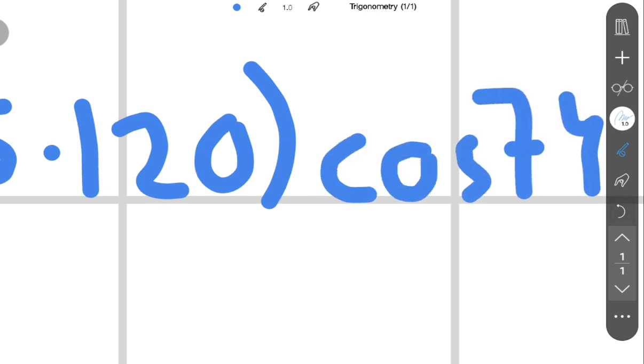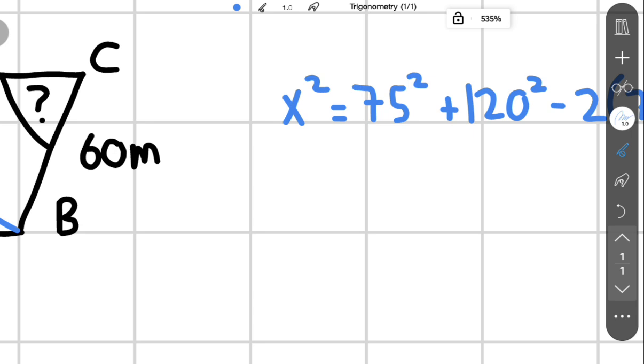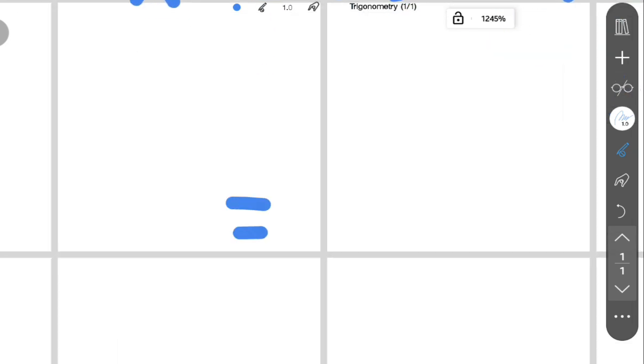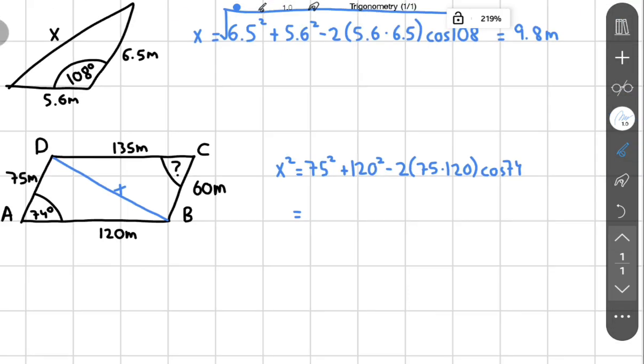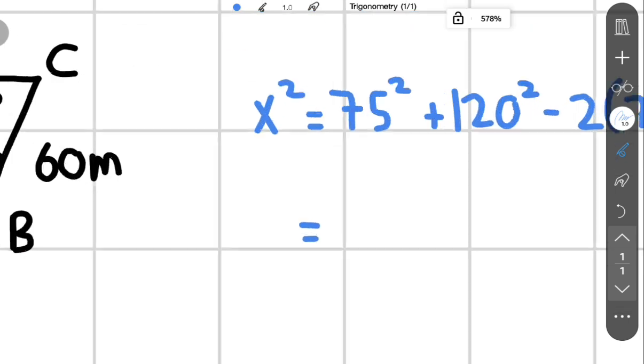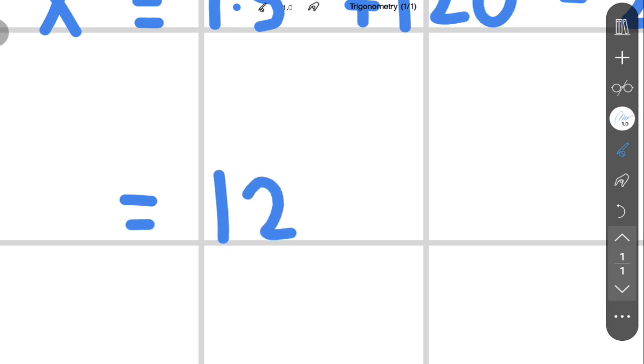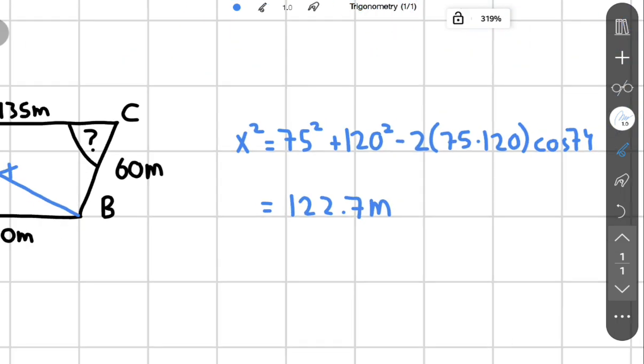And obviously, if I send the squaring to the other side as a square root, we'll have x equal to, let me just calculate it. The diagonal BD, or x, is basically equal to 122.7 meters. And then we could use it to calculate the missing angle.